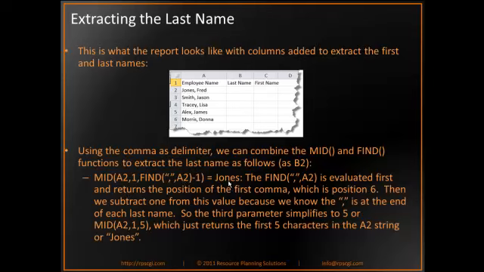So we would have Jones, comma, which is not what we want. We want to subtract 1 from the length that the FIND returned, taking it from 6 to 5, and then just return 5 characters starting at character 1, which will get us Jones.